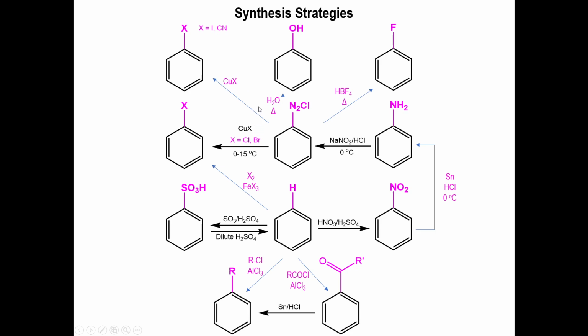Additionally, you could make the phenol derivatives simply by treating the diazonium salt with water and mild heating. You can install the fluoro substituent with tetrafluoroboric acid and heat. And although I'm not showing that in here, if you treat the diazonium salt with tetrafluoroboric acid in the presence of sodium nitrite and copper, you can reinstall the nitro group back in that position.